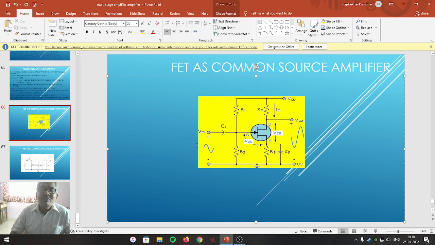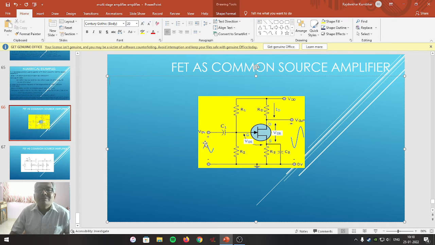This means a small change in input voltage produces a large change in drain current, at the cost of which we can get the output signal voltage amplified. After amplification, if you look at the waveforms of the input signal and output signal, the output has a 180 degree phase shift with respect to the input.